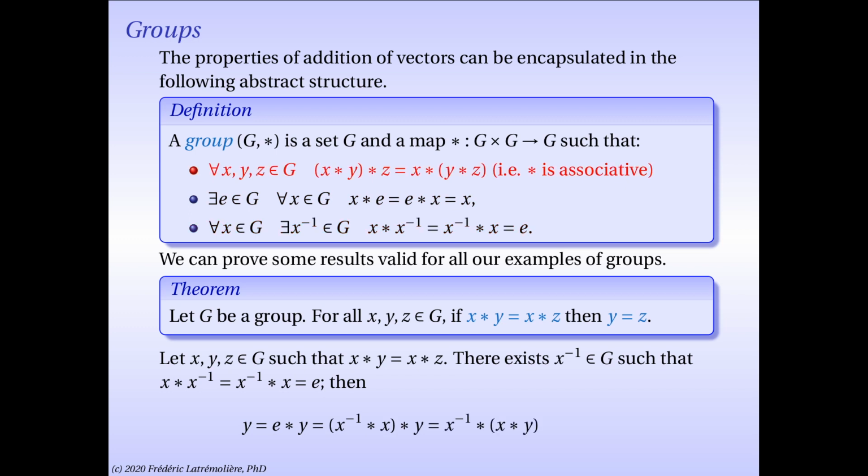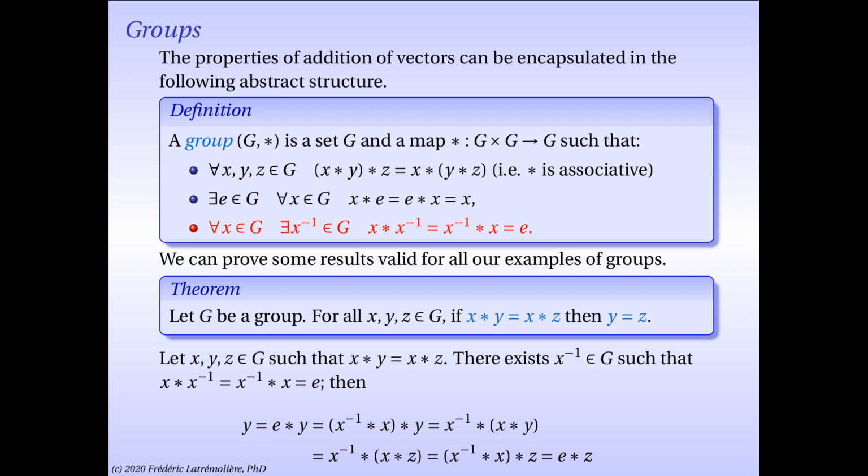Using the first property, associativity of star, we can move the parenthesis to the right. The hypothesis of my theorem tells me that the element x star y can be replaced by the element x star z as they are equal. I then apply associativity once more to move the parenthesis back to the left.